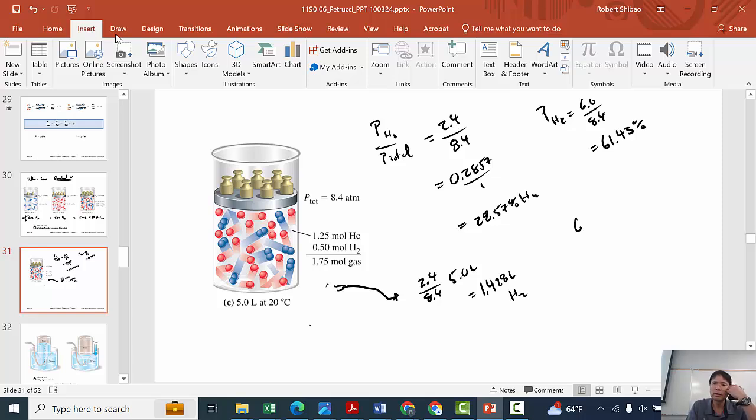And then we look at the mole fraction or pressure fraction of helium. So I'm going to do 0.6145. I'm sorry? 71%? Oh, did I screw it up? Okay.